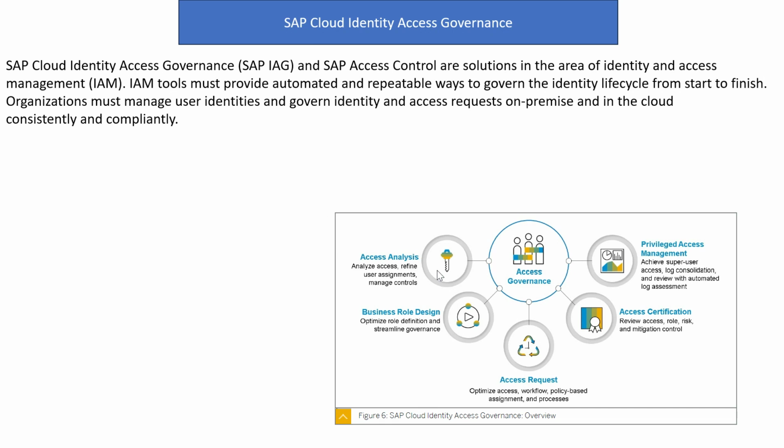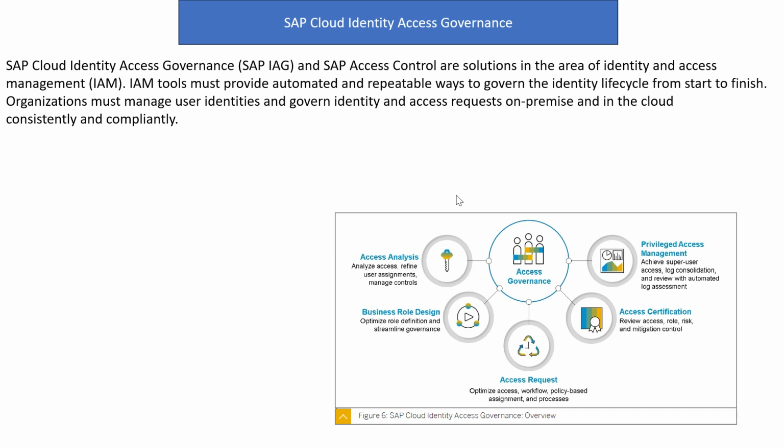We have the functionalities of simulation and of mitigation, and we can customize the rule set. Most of these functionalities will be provided through access analysis in SAP Cloud Identity Access Governance. Got it? Hope you got some idea of what access analysis is in SAP Cloud Identity Access Governance.